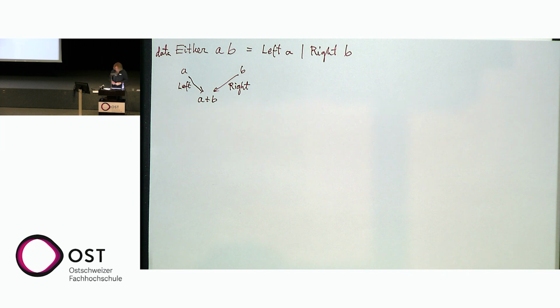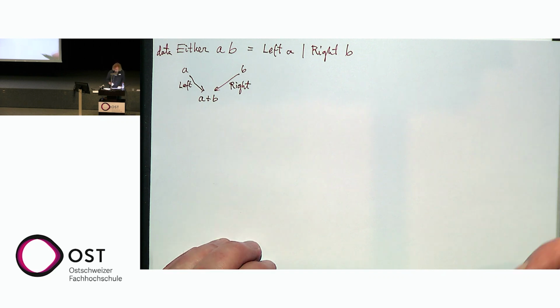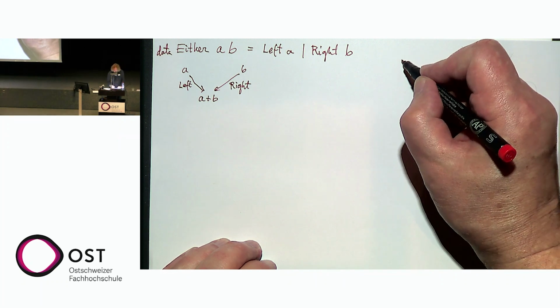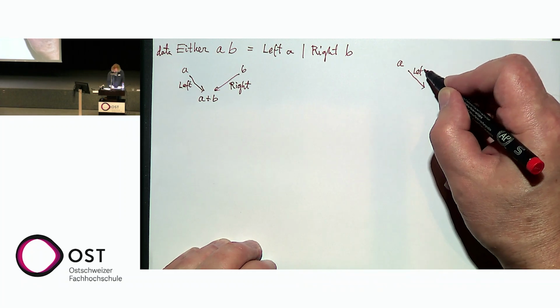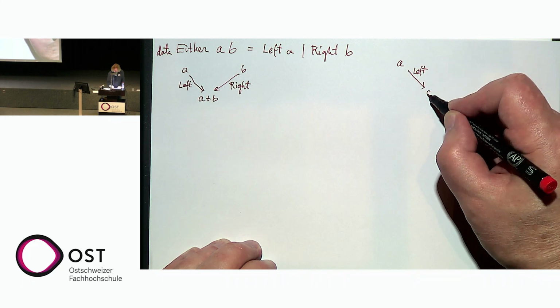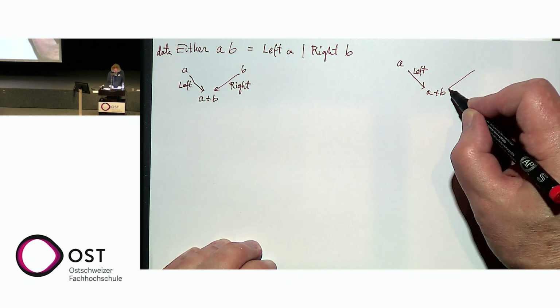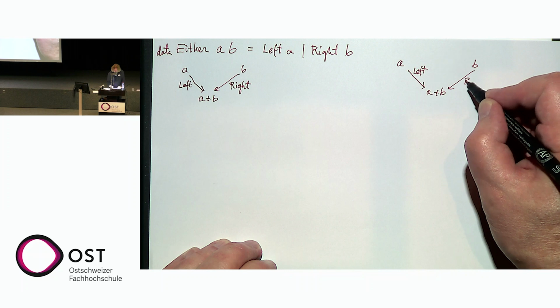So again, we go this way, and for sums we use the mapping out condition. So we'll draw this diagram. Again, left, A plus B, B, and this is right.